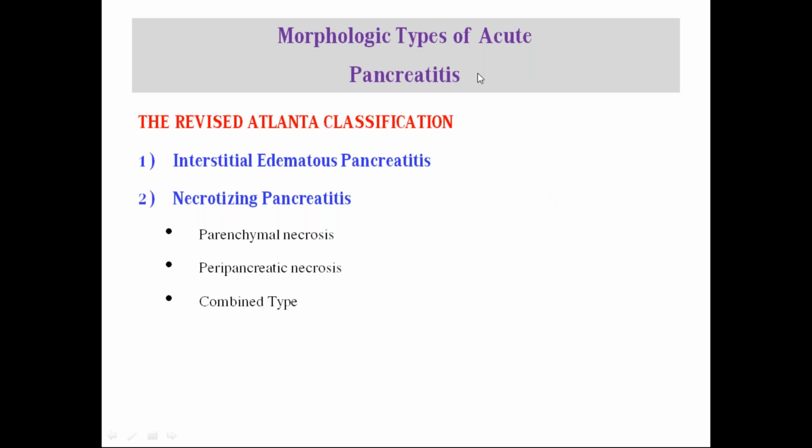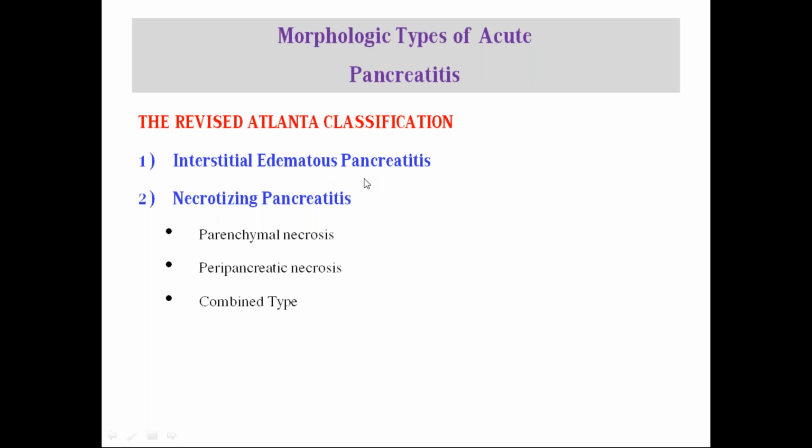There are various classifications of acute pancreatitis. One is the Atlanta classification, which is most commonly followed. In the Atlanta classification, pancreatitis is graded into two types: interstitial edematous and necrotizing pancreatitis. Necrotizing pancreatitis involves parenchymal necrosis, peripancreatic necrosis, or a combined type.